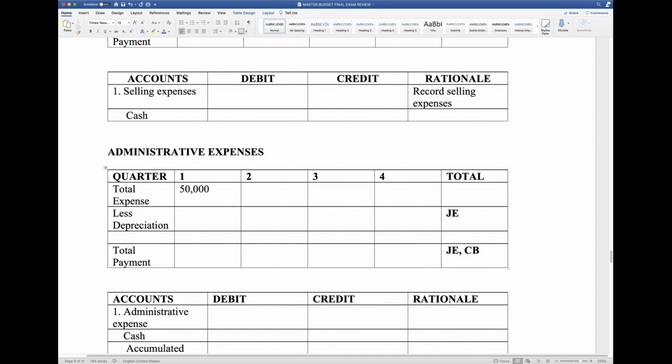How much is depreciation, which is not a cash expenditure? 10,000. Oh, it's the 10,000. My bad. It's the one underneath the administration. And it's gonna be 40,000, yeah, 40,000.